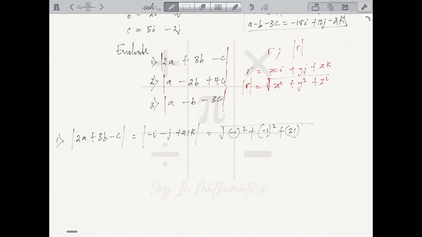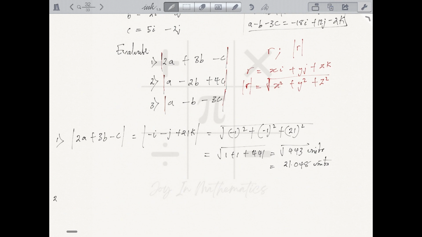If we resolve this, it results into 1 plus 1 plus the square of 21, which is 441, and this is equal to root 443 units, which can be written as 21.048 units.